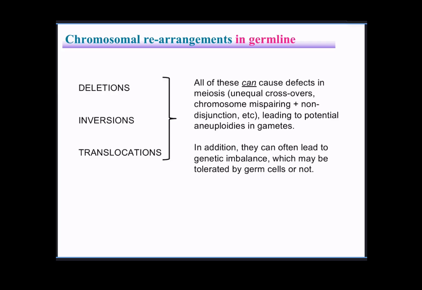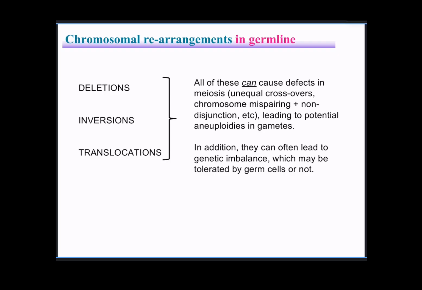But during meiosis, the cell needs to pair up the homologous chromosomes, form those homologous pairs, and if there's been translocations or inversions or deletions, the cell may fail to recognize the two homologous chromosomes belong with one another. Right? So if the cell in the previous example was trying to pair up the new chromosome that has AE with the original chromosome that had ABC, it may have a hard time recognizing that these belong together. Right?